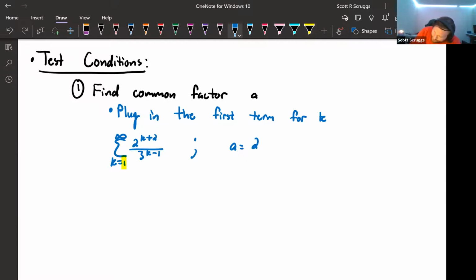So 2 to the 1 plus 2, 3 to the 1 minus 1. So in the numerator, I get 2 cubed, and 3 to the 0, so I get 8. So that tells me for this particular series, my common factor is 8.